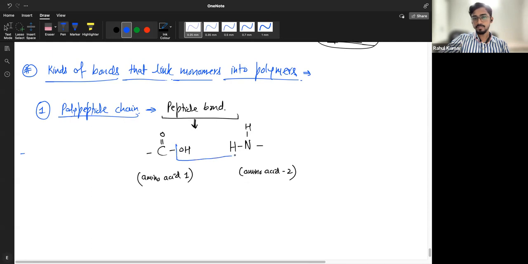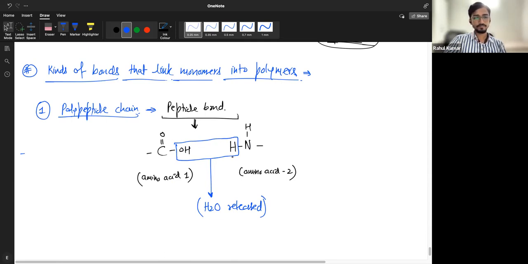And if I remove this, what will be removed? H2O is released. So water is released. And this carbon forms the bond with this nitrogen directly. And this is known as the peptide bond.